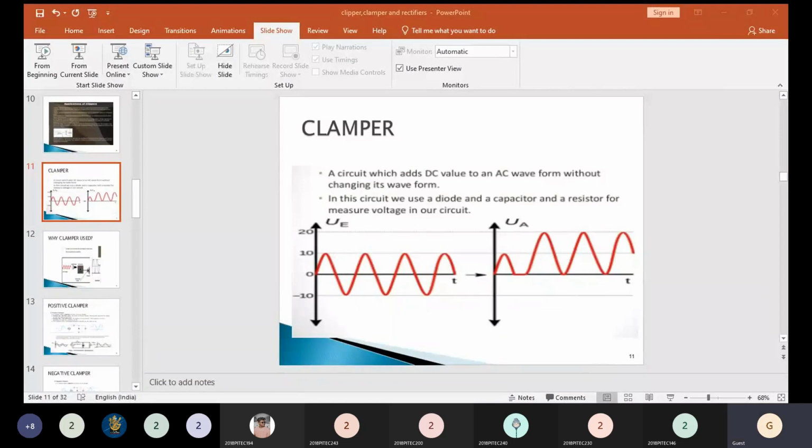Okay. So the diode D2, during the positive half cycle, what happened? Diode D2 will be in forward bias. When diode D2 is in forward bias, what happened to your input voltage?